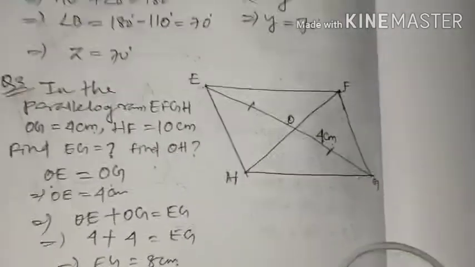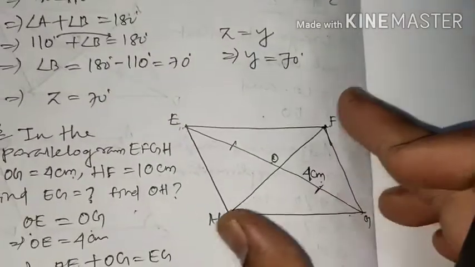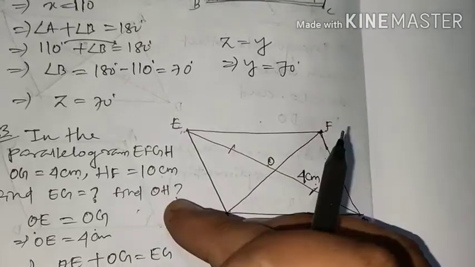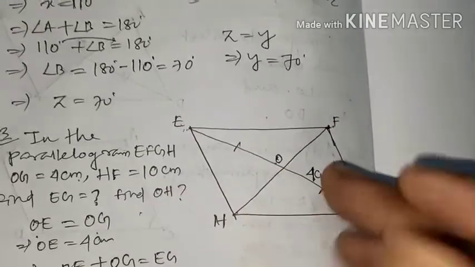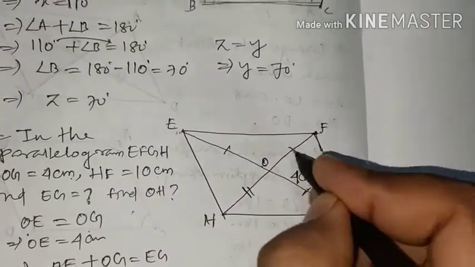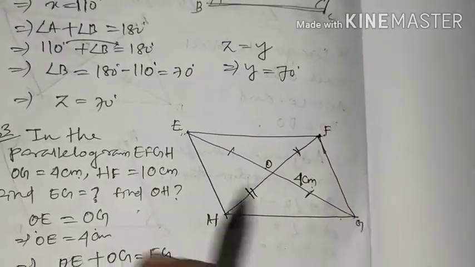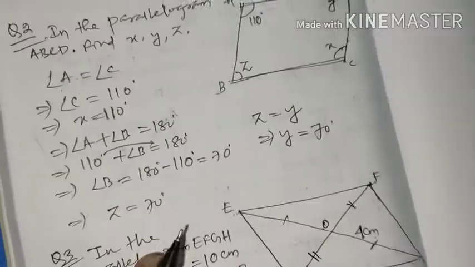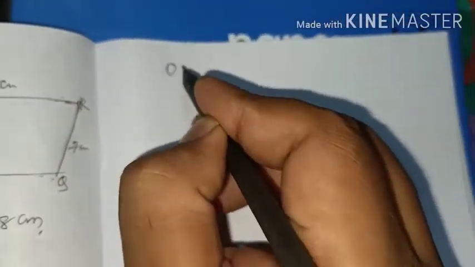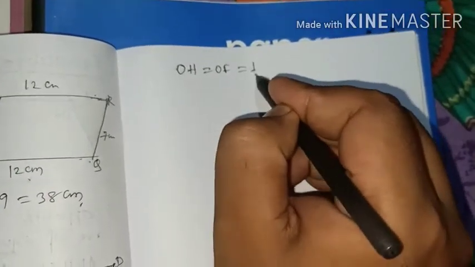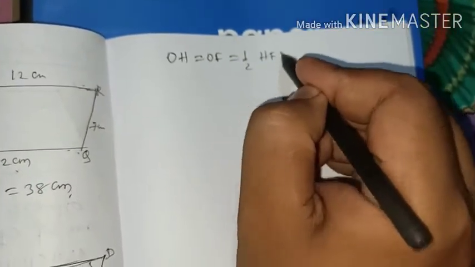And again, we know the length of FH, that is 10 centimeter, and we have to find OH. Also we can say here the diagonals bisect each other, so that OH is equal to OF. We can write here OH is equal to OF is equal to half of HF.